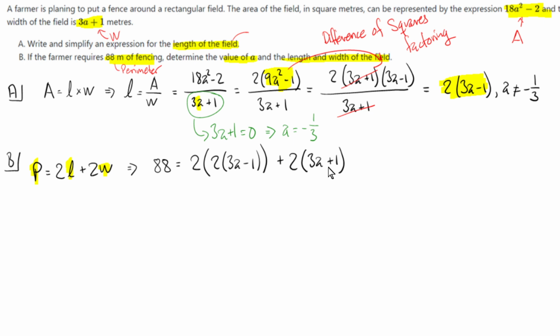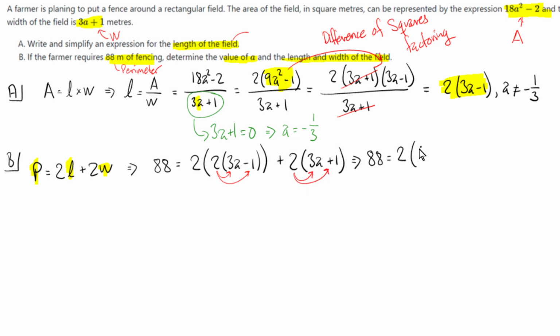So now what we're going to do is expand the right-hand side, combine like terms, and then solve it for a. So on the left, we still have 88. On the right-hand side, this 2 here just carries for now. And I'm going to expand this product here. So distributive property. We're multiplying this 2 into the bracket. We're going to do the same thing over here.